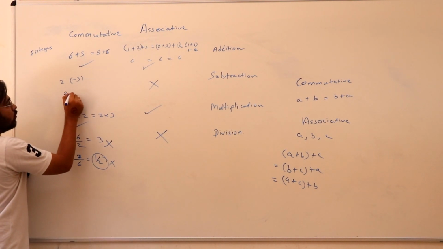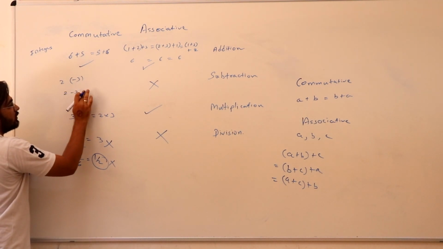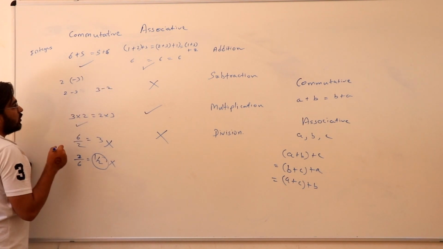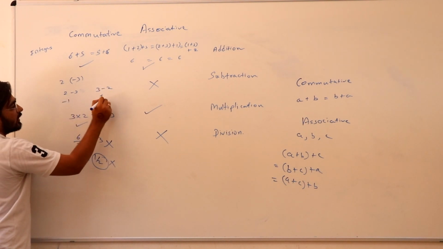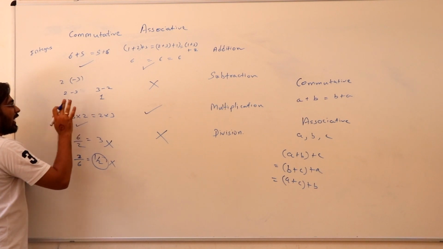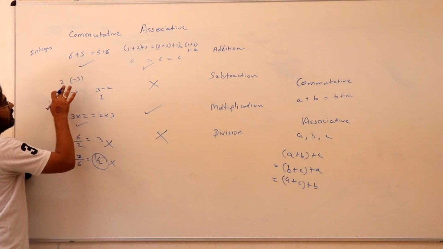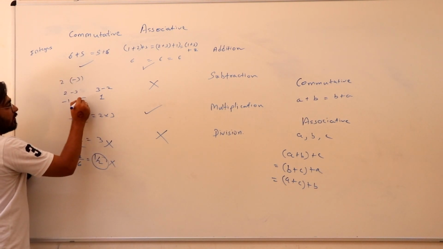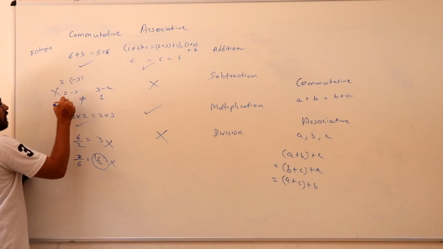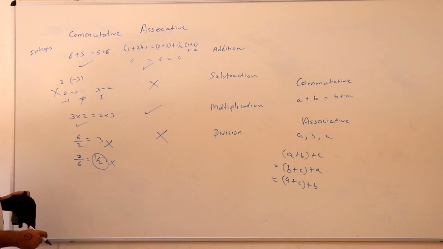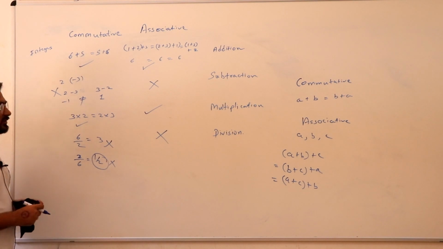So if I do 2 minus 3 or if I do 3 minus 2, answer will be same? No. Here answer will be minus 1, here answer will be plus 1. Both are integers, yes, but both are not equal, that's why it does not follow commutative property or associative property for subtraction as well.